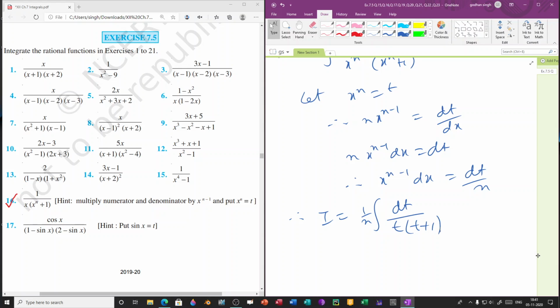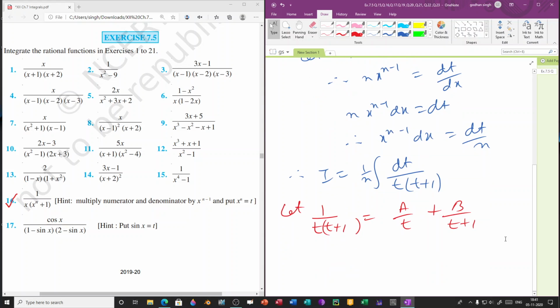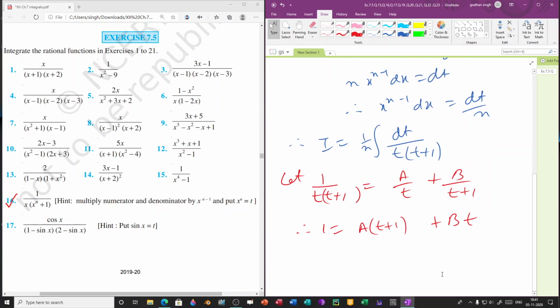So let 1 by t into t plus 1 equal to a by t plus b by t plus 1. On solving, we get 1 equal to a into t plus 1 plus b into t. Now we group the t terms together and the constants together.